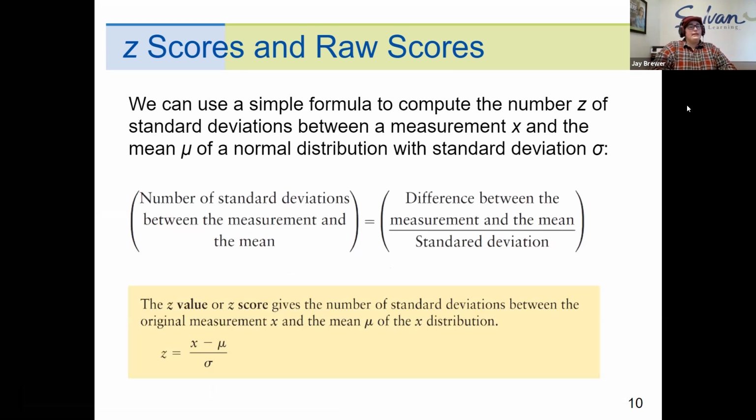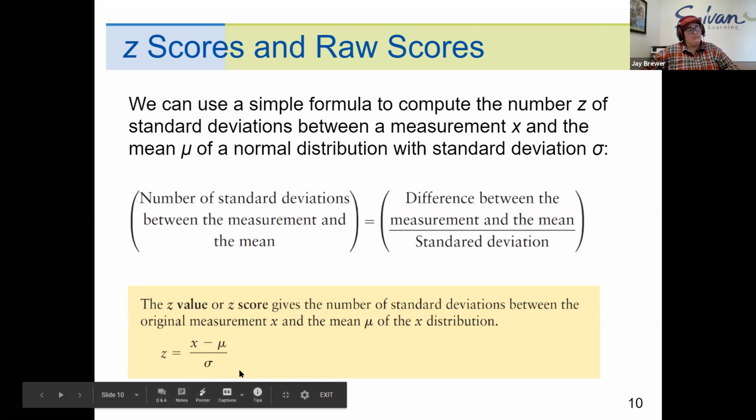Okay, so basically, this is how you find a z-score. So you really want to write this down. In words, the number of standard deviations between the measurement and the mean is equal to the difference between the measurement and the mean divided by the standard deviation. So in mathematical statistical symbols, we say that the z-score or z-value is equal to x minus mu over sigma.